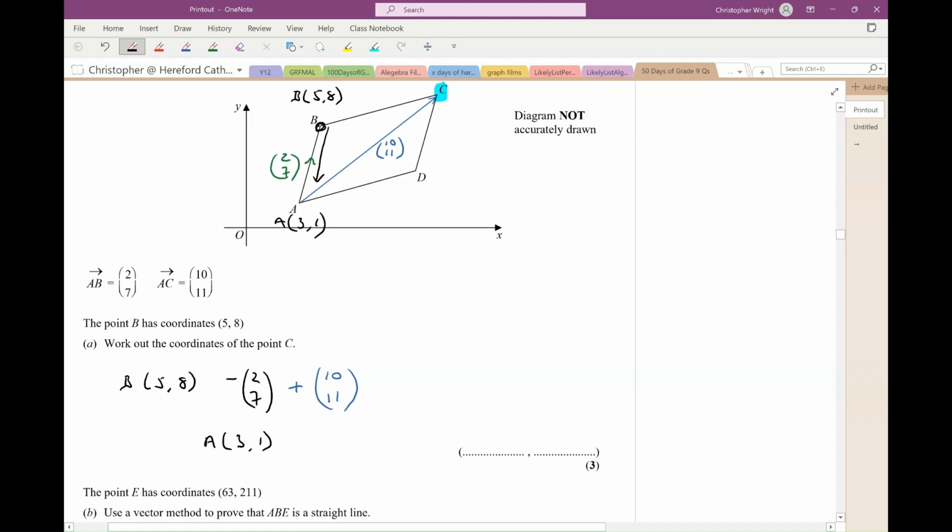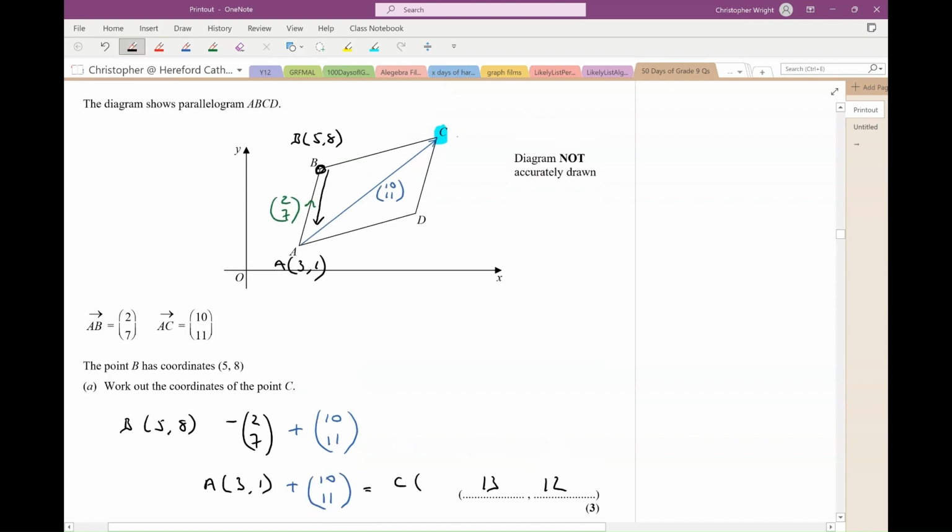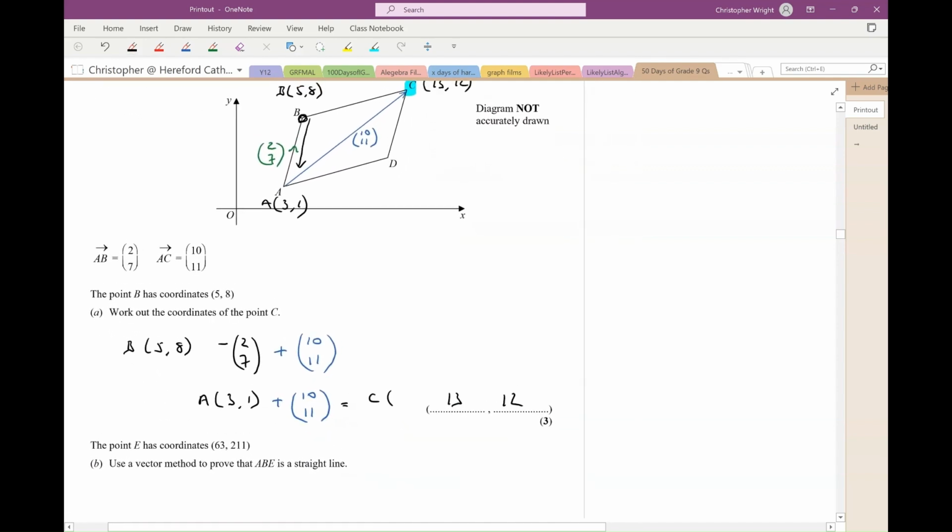And now I simply need to add on the vector, 10 along and 11 up, to give me the coordinates of point C. So this point C is going to be (13, 12). So point C here is (13, 12).